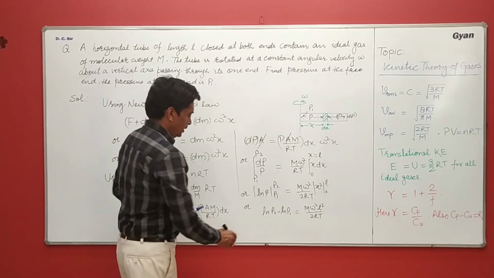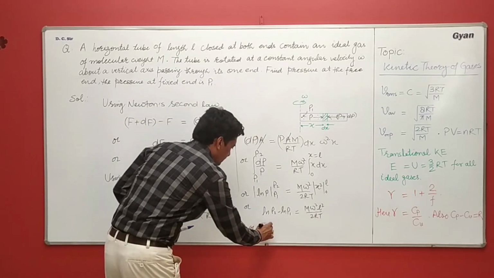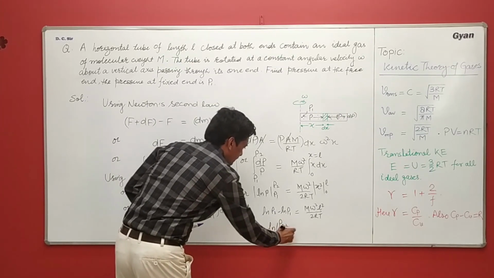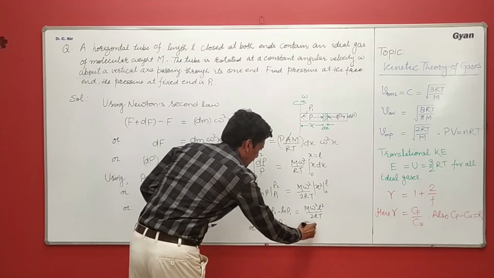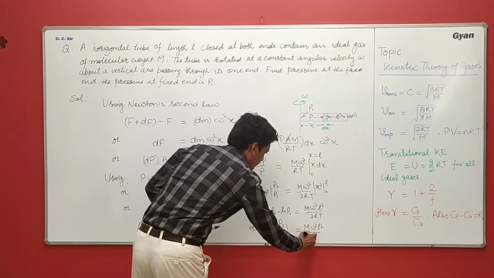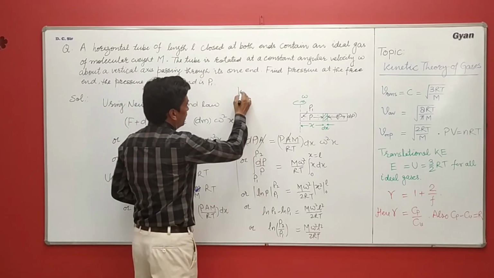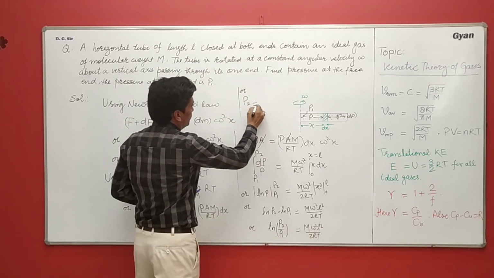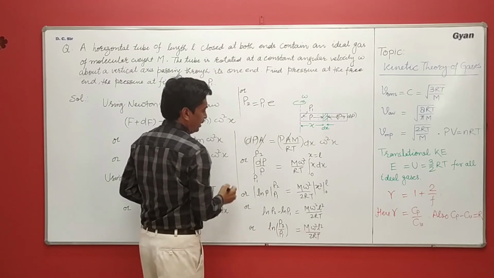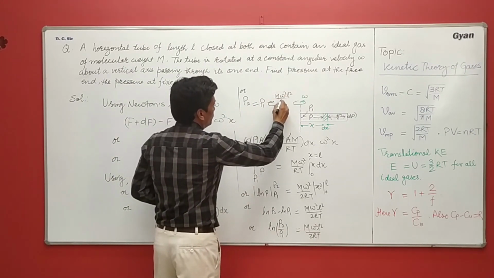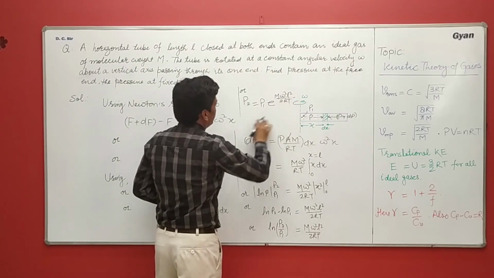Or ln P2 upon P1 is equal to m omega square L square upon 2RT. Okay. Now finally, P2 is equal to P1 e to the power m omega square L square upon 2RT.